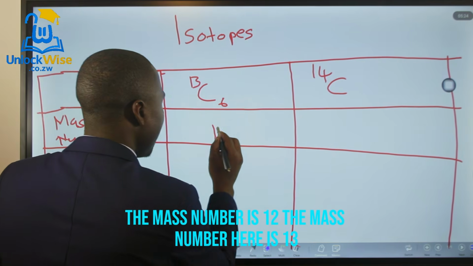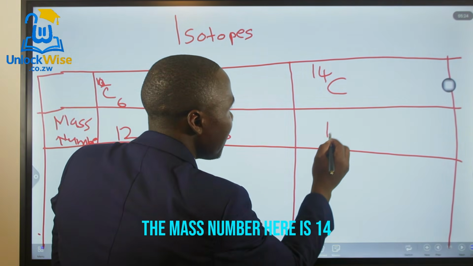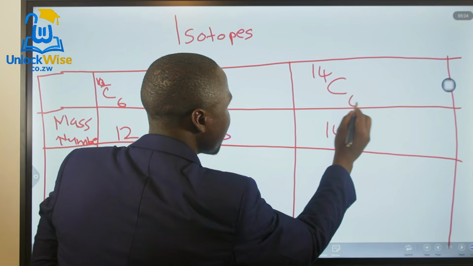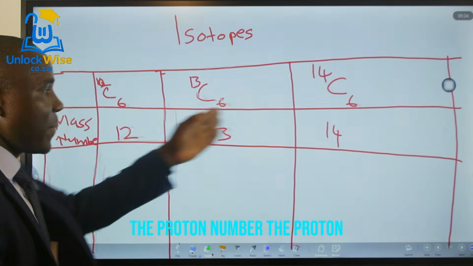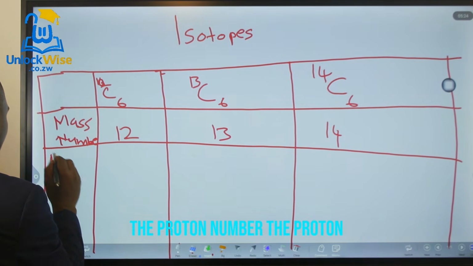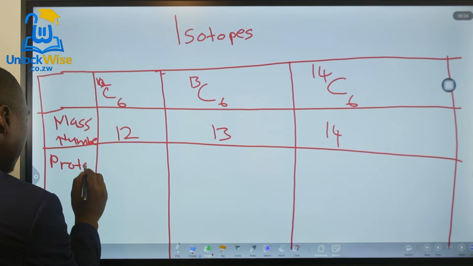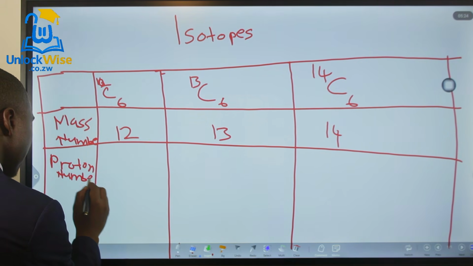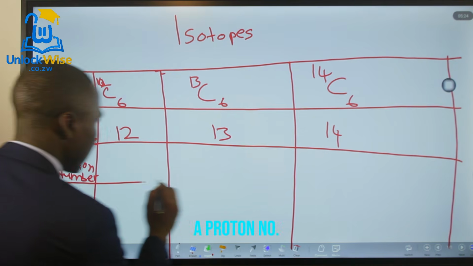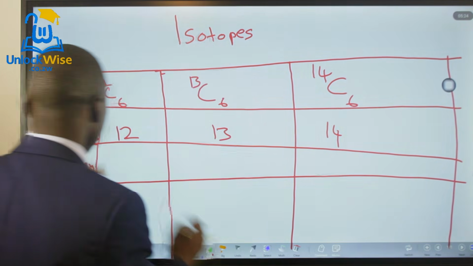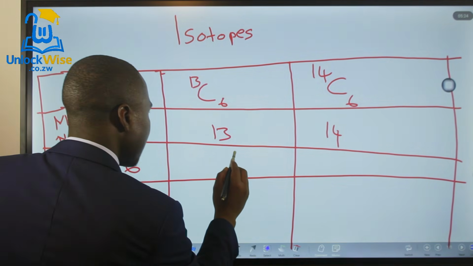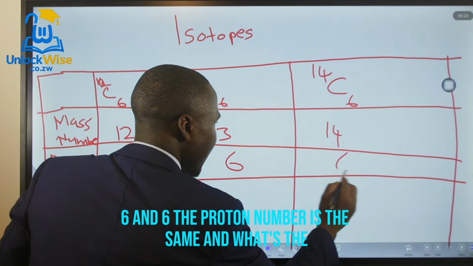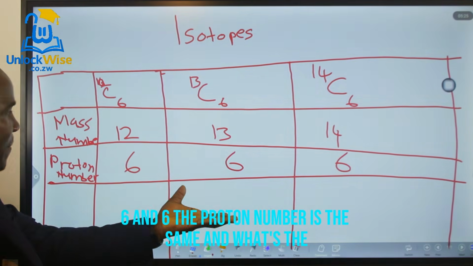The mass number here is 13. The mass number here is 14. What is the proton number? 6, 6, and 6. The proton number is the same.